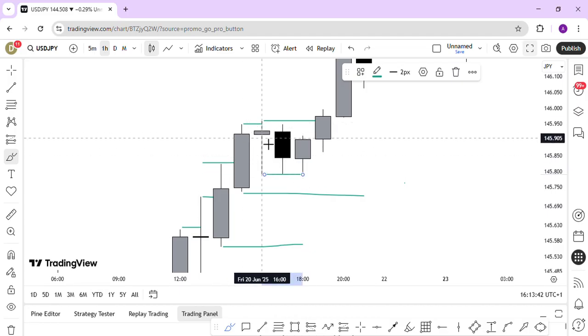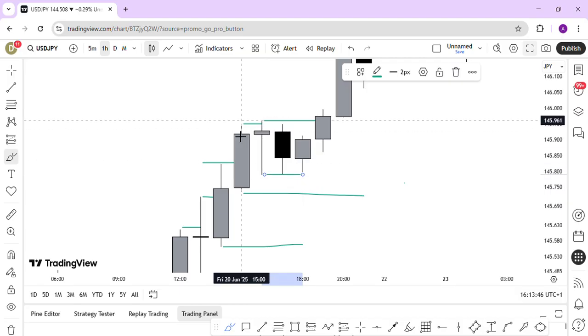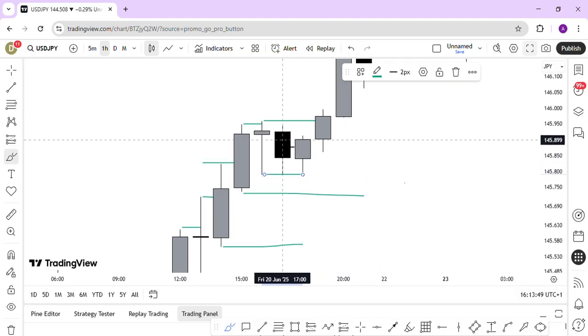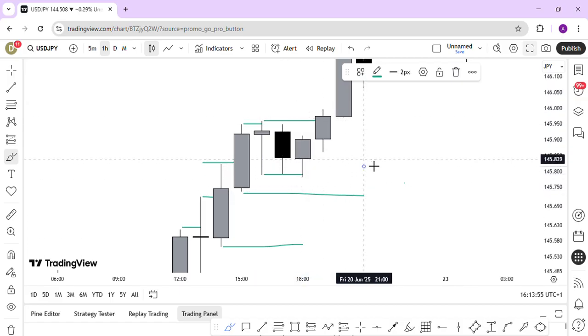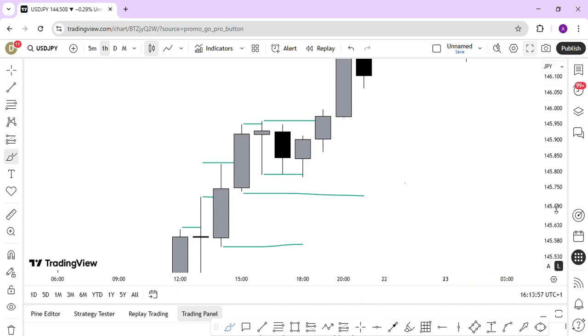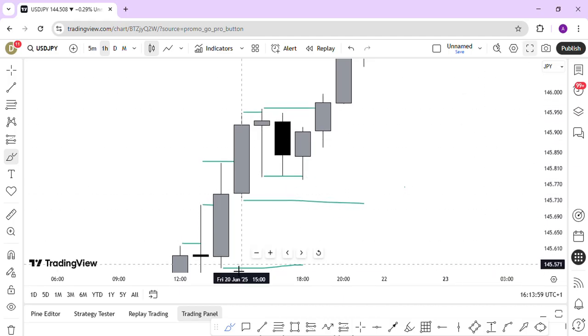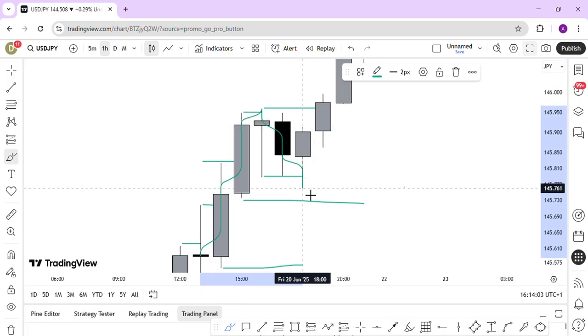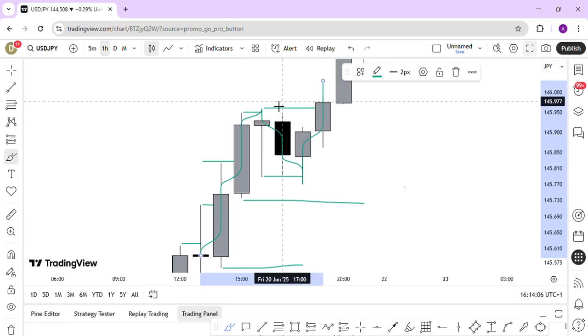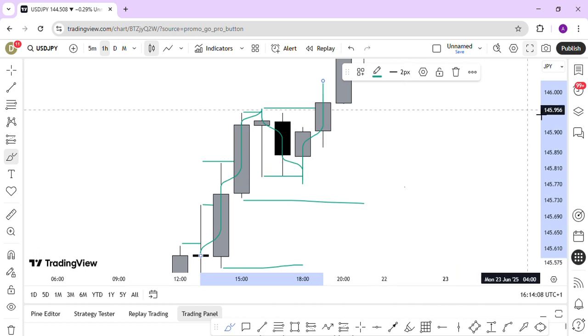Because this candle takes out the high of this candle, so it means that we are taking this low. And you see the first attempt was inside this candle. It did not take out the high, it did not take out the low, but the second attempt was what actually took out this low of the candle. So all this is just one leg, then we have a correction, then the market continues. That's when we have a valid pullback.